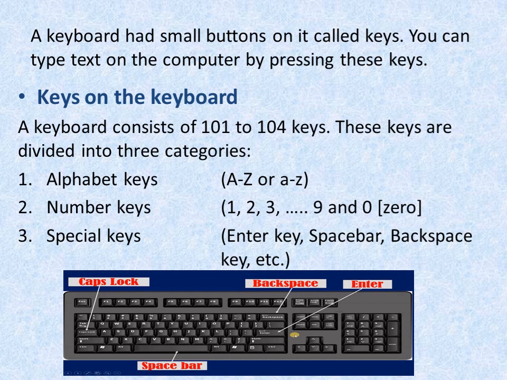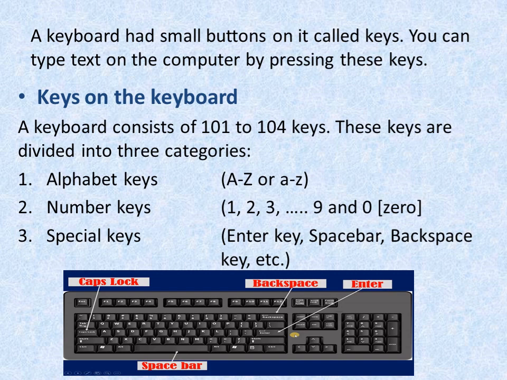Keys on the keyboard. A keyboard consists of 101 to 104 keys. These keys are divided into three categories. First is alphabet keys, that is A to Z in capitals or A to Z in small letters.